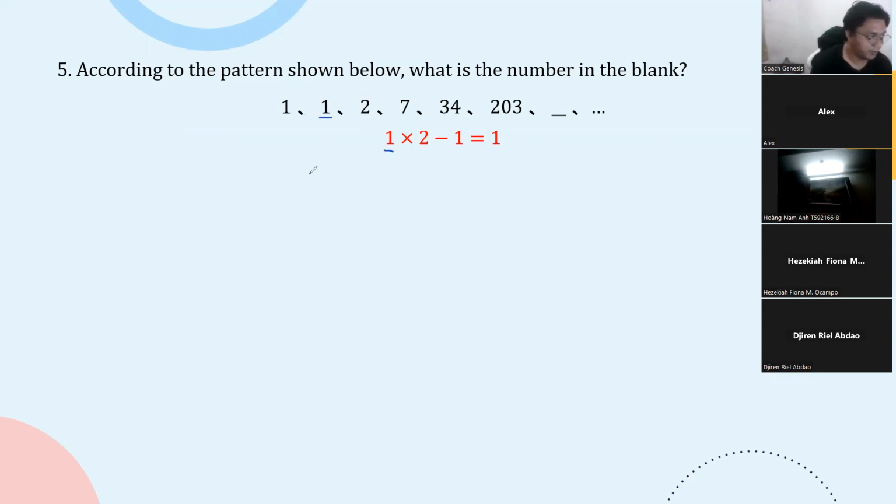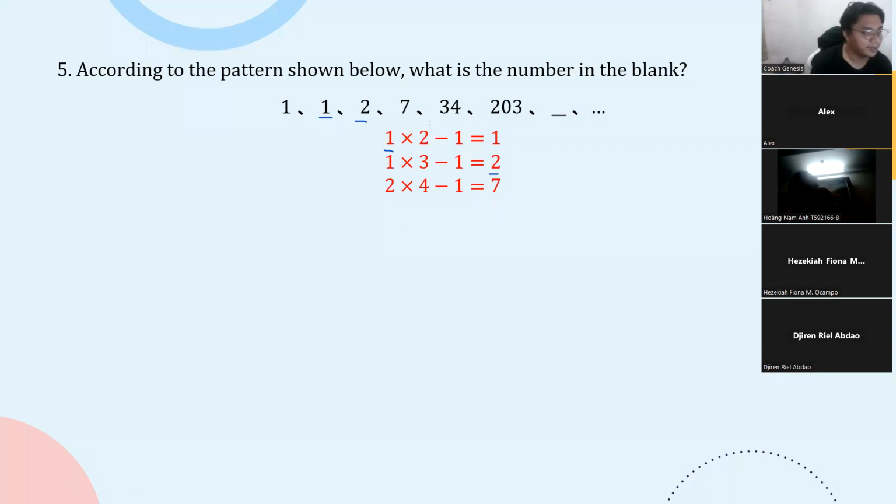That will be 1. Next, 1 multiplied by 3 minus 1, that will be equal to 2. And then we will use 2 again here. So you have 2 times 4 minus 1, that is equal to 7.